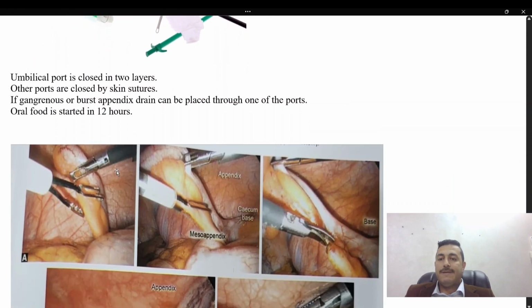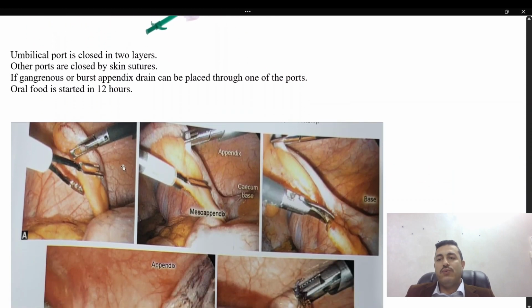When we close the umbilical port, this is also a matter of study: when to close the fascia of the wound created due to trocar insertion. Remember, any midline wound above 6 millimeters should be closed.